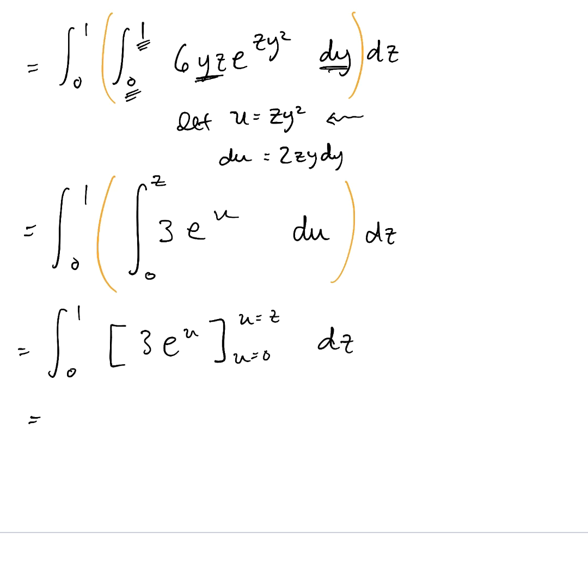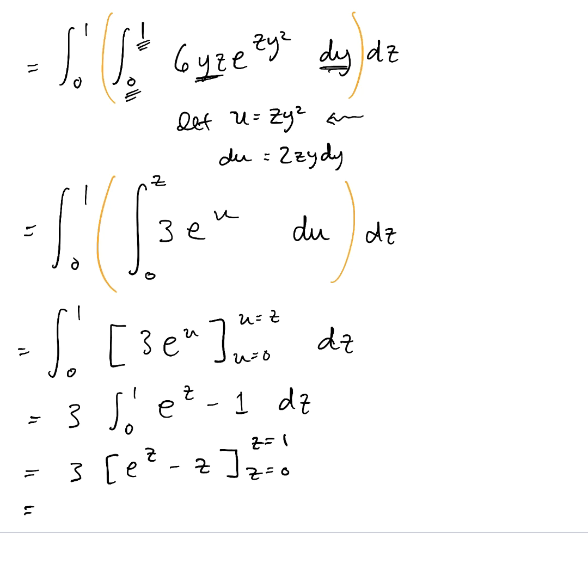And so it's all down to 3 times the integral from 0 to 1 of e to the z minus 1, e to the 0 being 1. And that integral, oh, that's just a peach. So we got e to the z, take away z, evaluated z equals 0 to z equals 1.